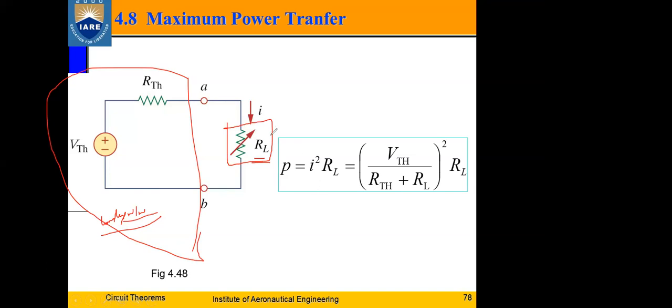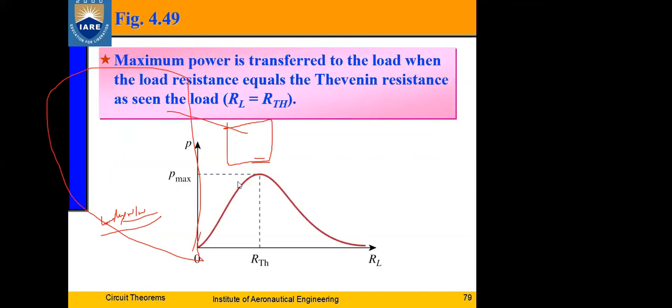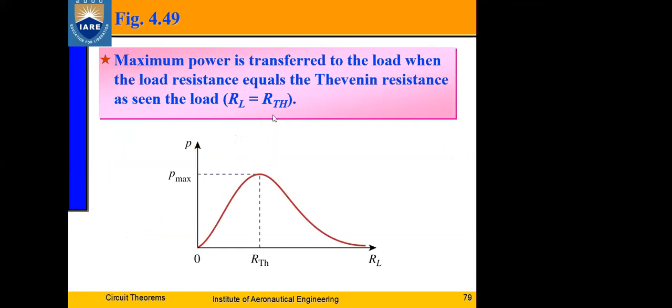We do certain calculations, and the maximum power transfer theorem states that the power transferred to the load resistance RL will be maximum when RTH is equal to RL. If this condition is satisfied, the power delivered to the resistor will be maximum.